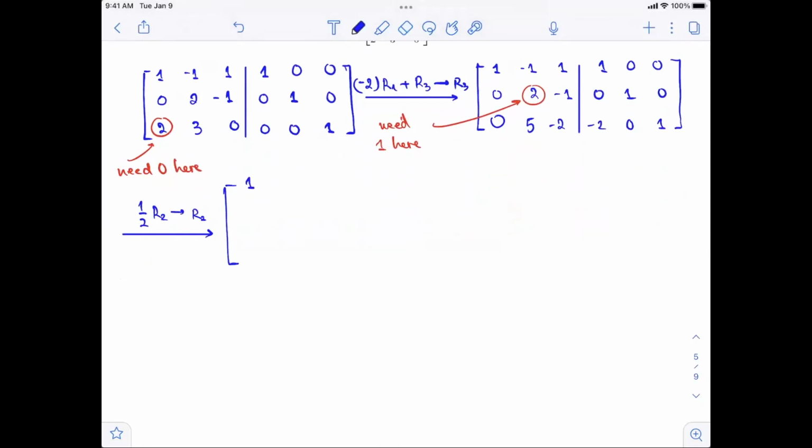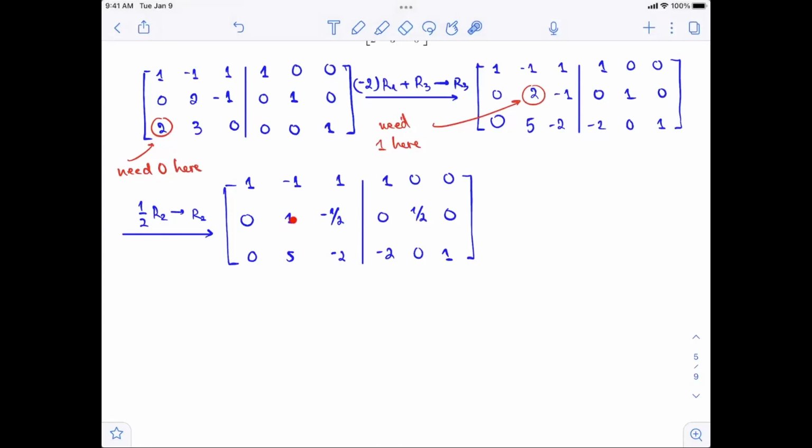That means row 1 and row 3 remain the same. And so row 3 is 0, 5, negative 2, negative 2, 0, 1. And row 2 now becomes 0, 1, negative 1/2, 0, positive 1/2, 0.